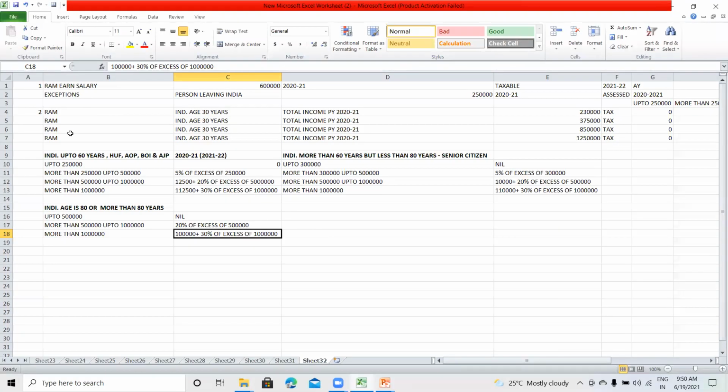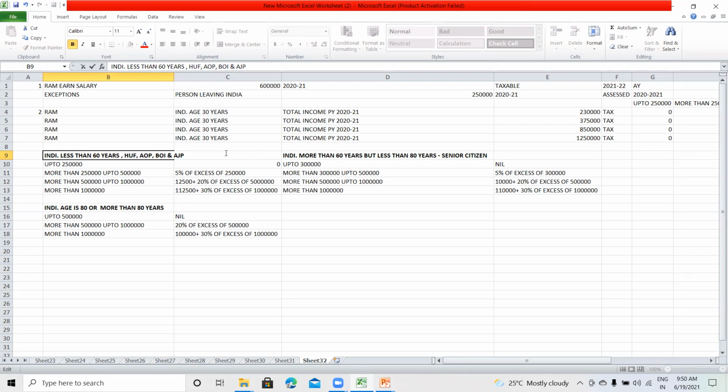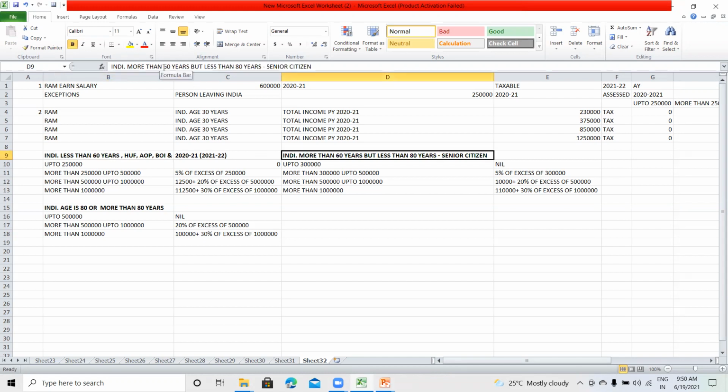So these are the normal slab rates in the case of an individual whose age is less than 60 years, and HUF, AOP, BOI; the person whose age is 60 years or more; and the person whose age is 80 years or more.